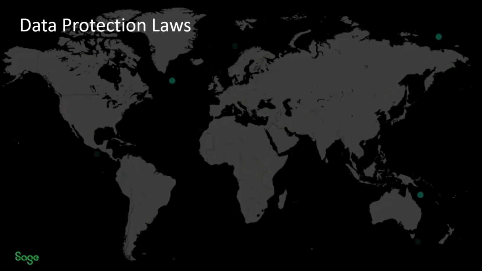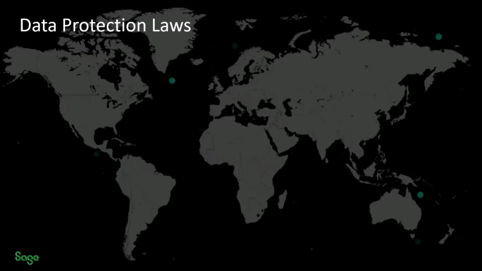If we go over to another part of the world, Singapore has its own PDPA, or Personal Data Protection Act, and that's a data protection law that provides individuals with various rights, such as the rights to access and to correct personal data.